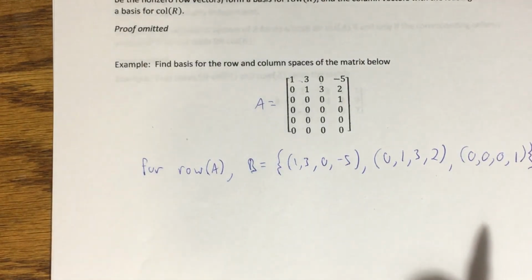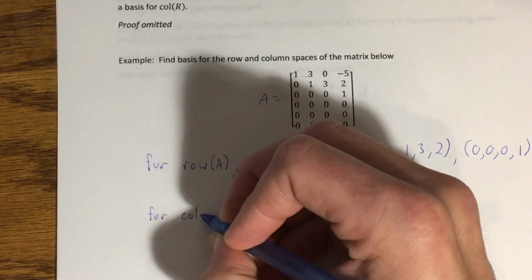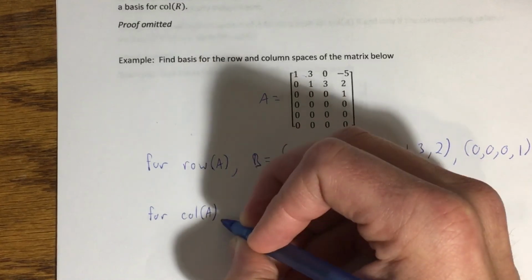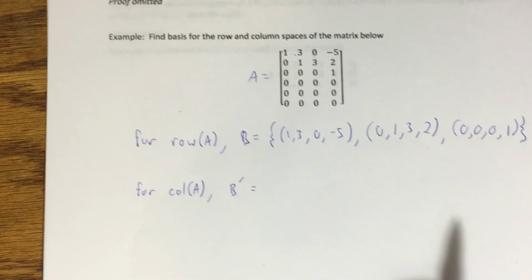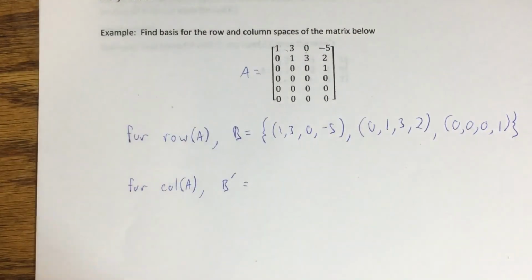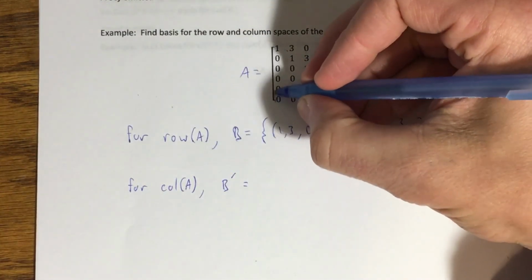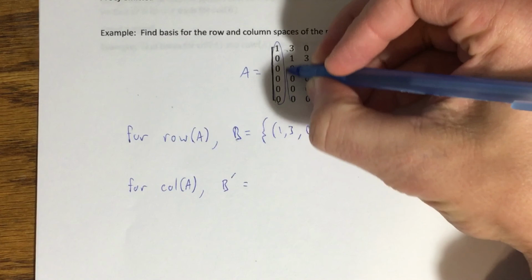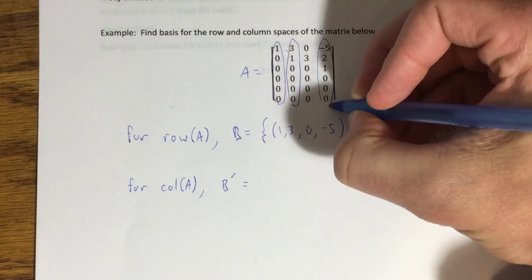Okay. For the column space of A, I'm going to call this basis B prime. The basis here is going to be the set of all columns in this row echelon form matrix that have leading 1s. Notice the only columns with leading 1s are this one, not this one, but this one.